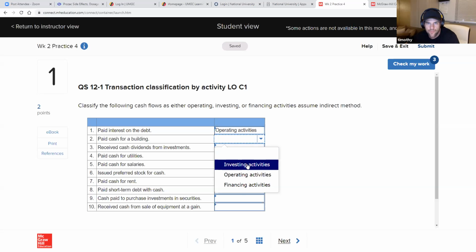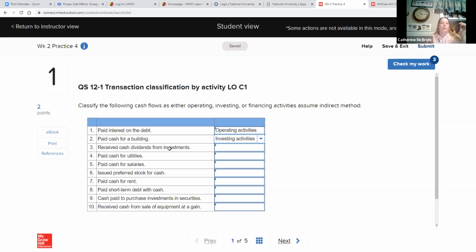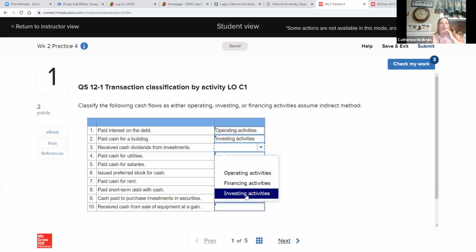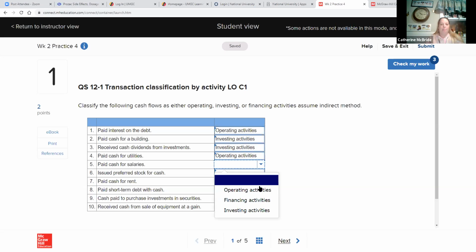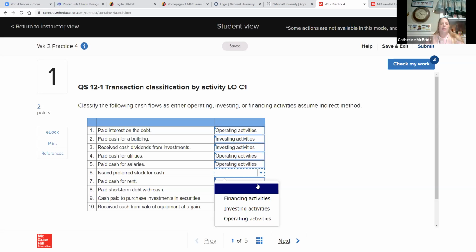Investing. It's investing. We received cash dividends from investments. That's going to be investing. Paid cash for utilities is operating. Cash for salaries is operating. If we issue stock, that's financing.